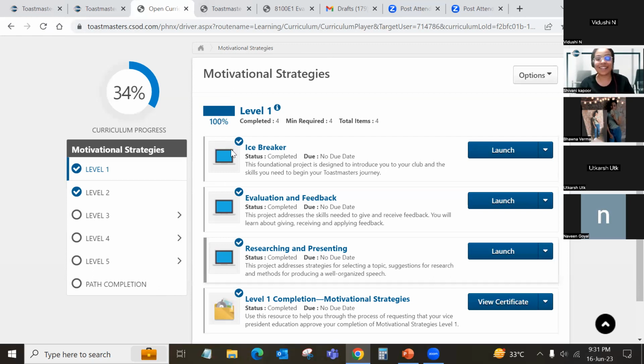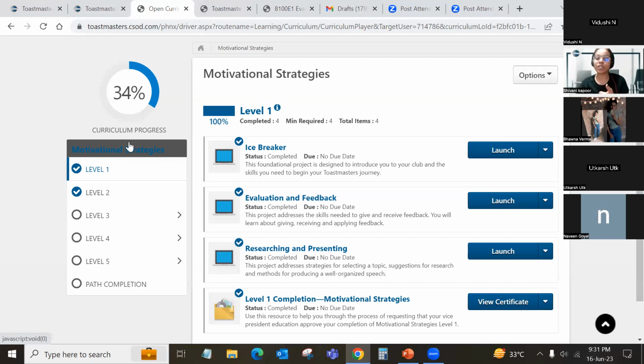Yeah, great. One thing more, when you complete your level, for example, I have just today marked my level 1 complete, because I have already given all these 4 speeches which are required in level 1. So once I mark it complete, like I was showing you earlier, I also have access to Basecamp Manager.